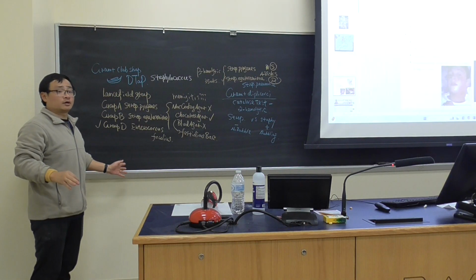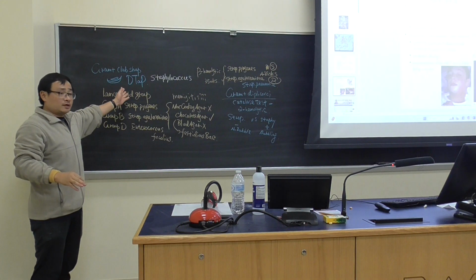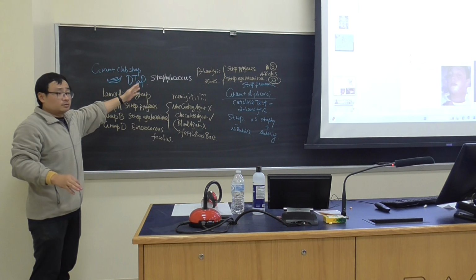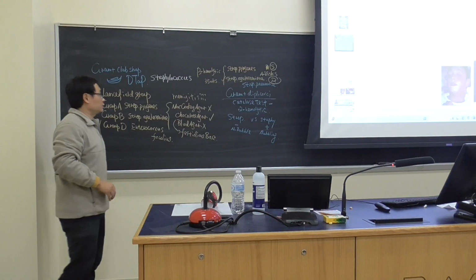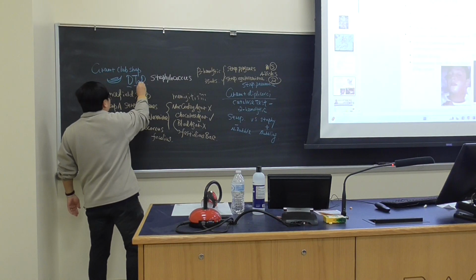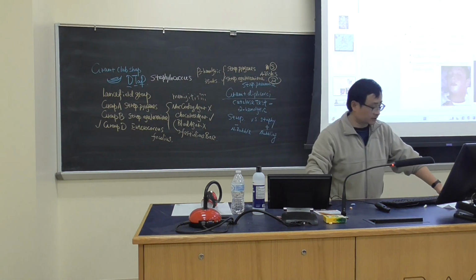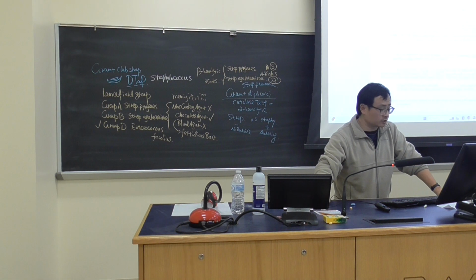What does it stand for? Diphtheria is D, Clostridium tetani is T, and pertussis, Bordetella pertussis, is P. So each stands for one bacterium. Okay, very good. So we talk about all these, you can do the review.